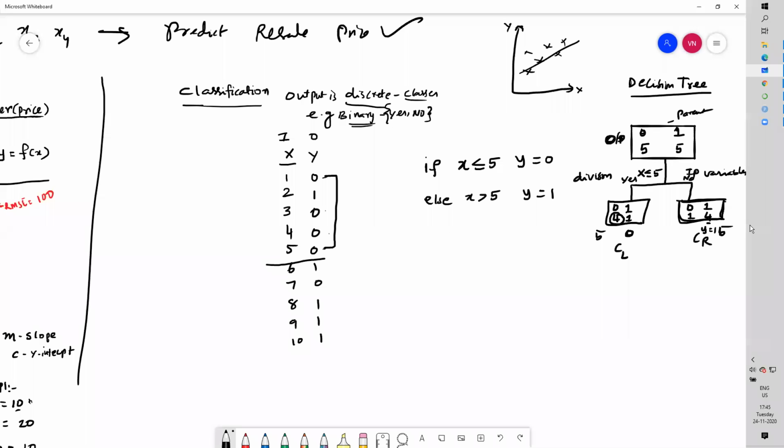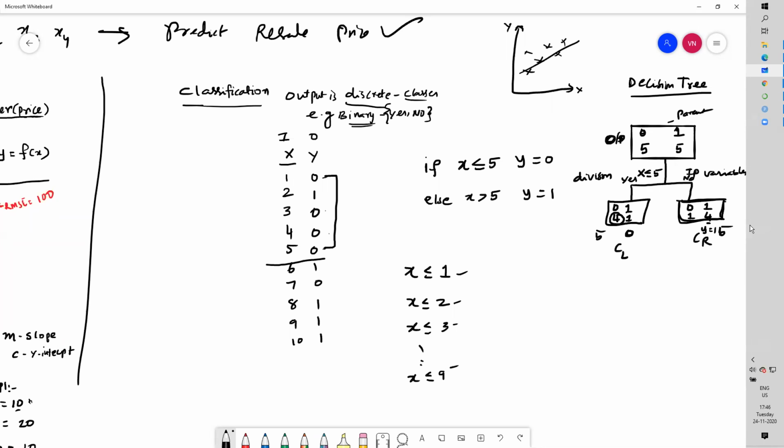And how do we generate this rule? That is where it becomes very tricky. Why does it become tricky? See here, I can generate a rule like this: x less than or equal to 1, x less than or equal to 2, x less than or equal to 3, and so on all the way to x less than or equal to 9. I can take any of these rules. Now, which rule is giving better separation between these classes?